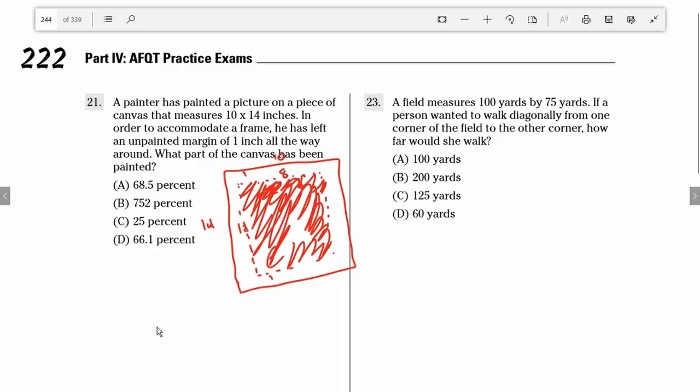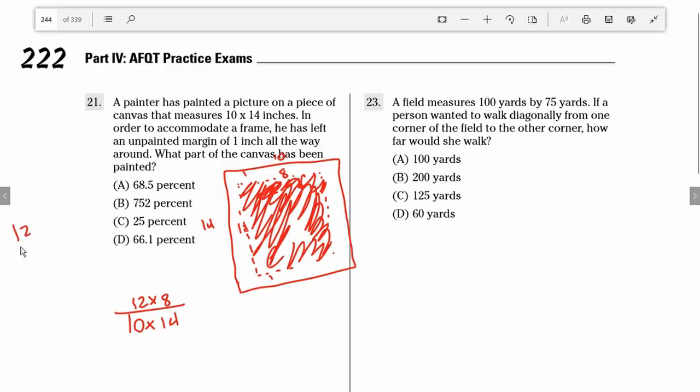So the total area on the canvas is 10 times 14, whereas the painted area on the canvas is 12 times 8. That would be the correct proportion. That is painted area over total canvas area.